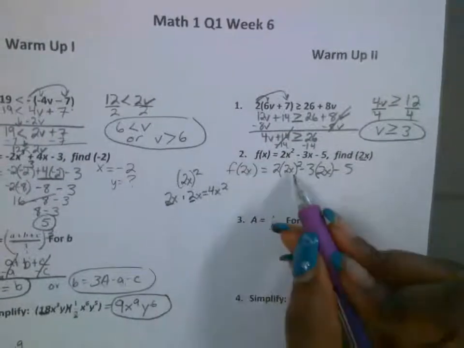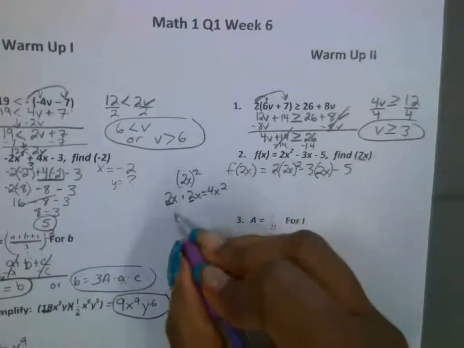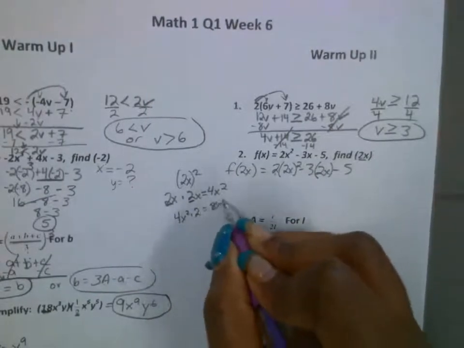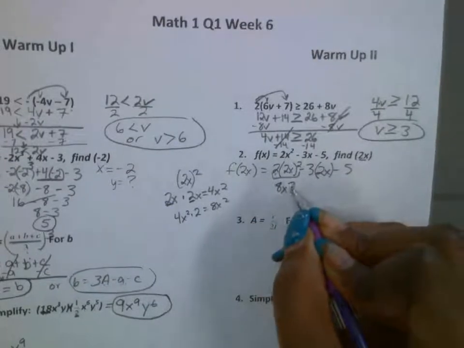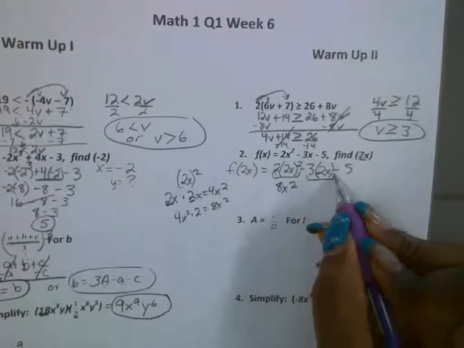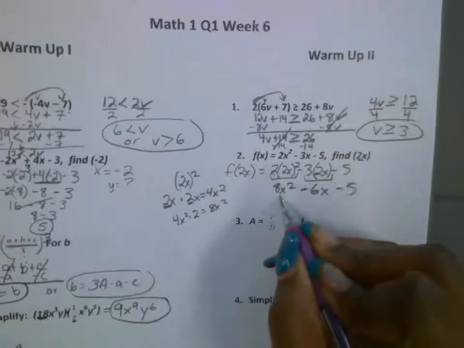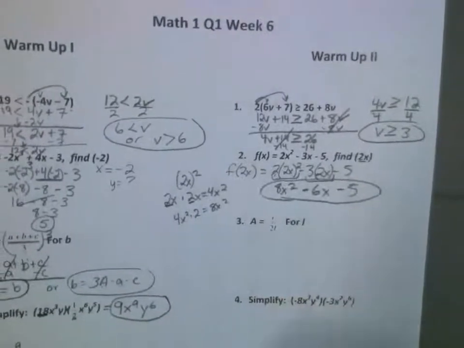Okay? So this is x squared. Let's go ahead and multiply it times 2. So we got 4x squared times 2, which gives us 8x squared. When we multiply this together, that's going to be minus 6x, then minus 5. You can't combine any of these terms together, so that's going to be the answer.